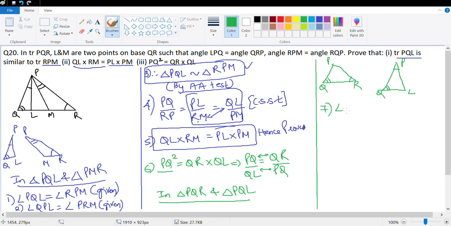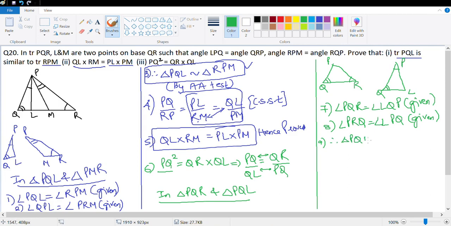So angle PQR is equal to angle LQP. This is given. And number 8 would be angle PRQ is equal to angle LPQ. This is also given, which means therefore triangle PQR is similar to triangle LQP.